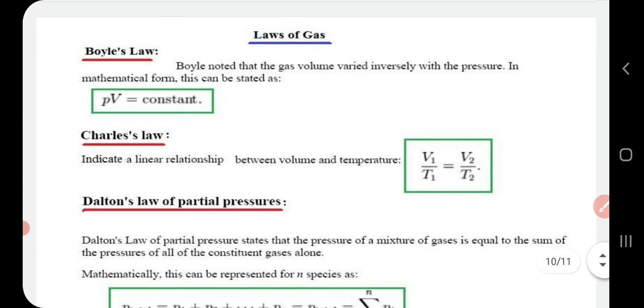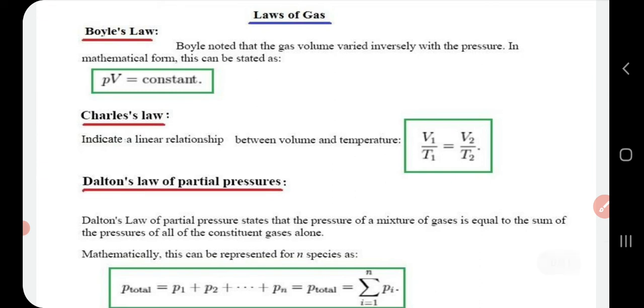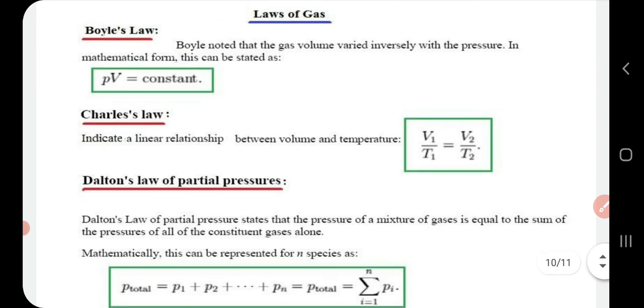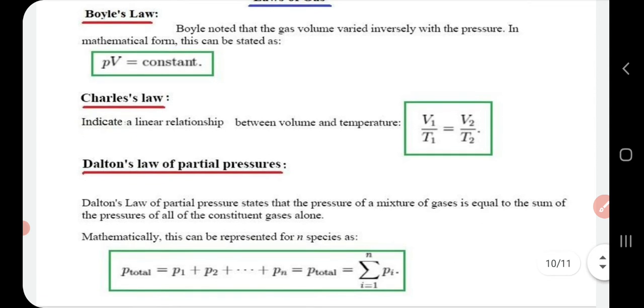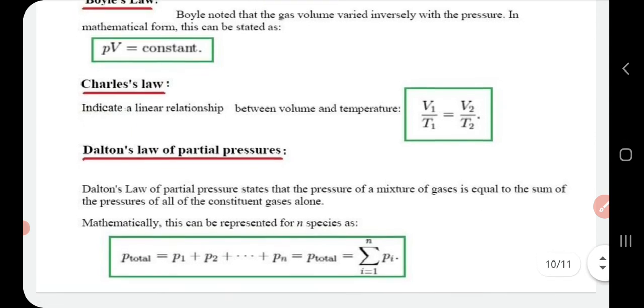Now let us see some of the basic laws of gases that we have studied in your lower classes. What is Boyle's law? In Boyle's law, gas volume is found to vary inversely with pressure, so PV will be a constant. That is the mathematical expression for Boyle's law. What about Charles' law? There is a linear relationship between volume and temperature, that is V by T will be a constant.